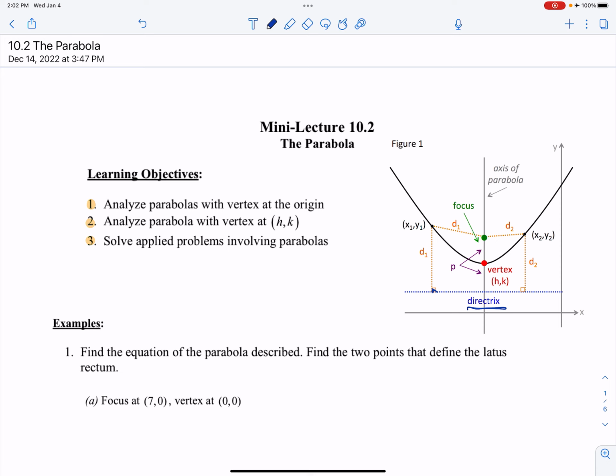Again, D2 is the same. We can see that same thing happening. Our axis is where it goes through the vertex. I think that's all of our major points that we're going to be talking about in this section.